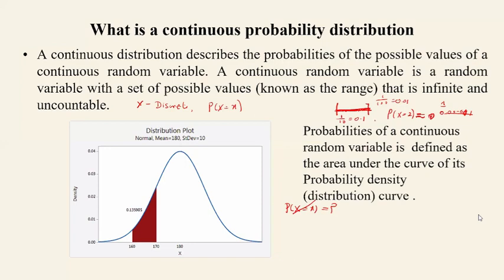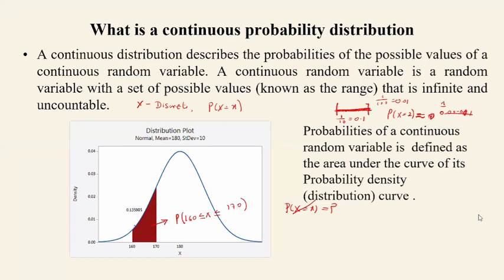So usually for a continuous random variable, we calculate the probability over an interval, right? So for this case, what is the probability? How can we specify it? This area will be the probability. For which values? The probability that your random variable x is between 160 and 170, that is, x less than or equal to 170.